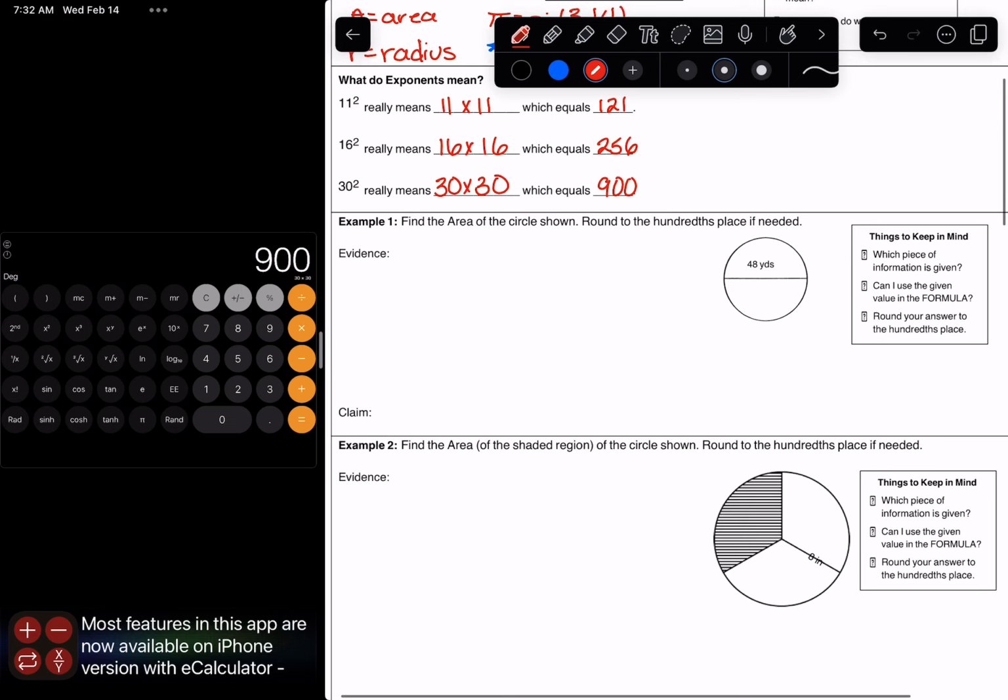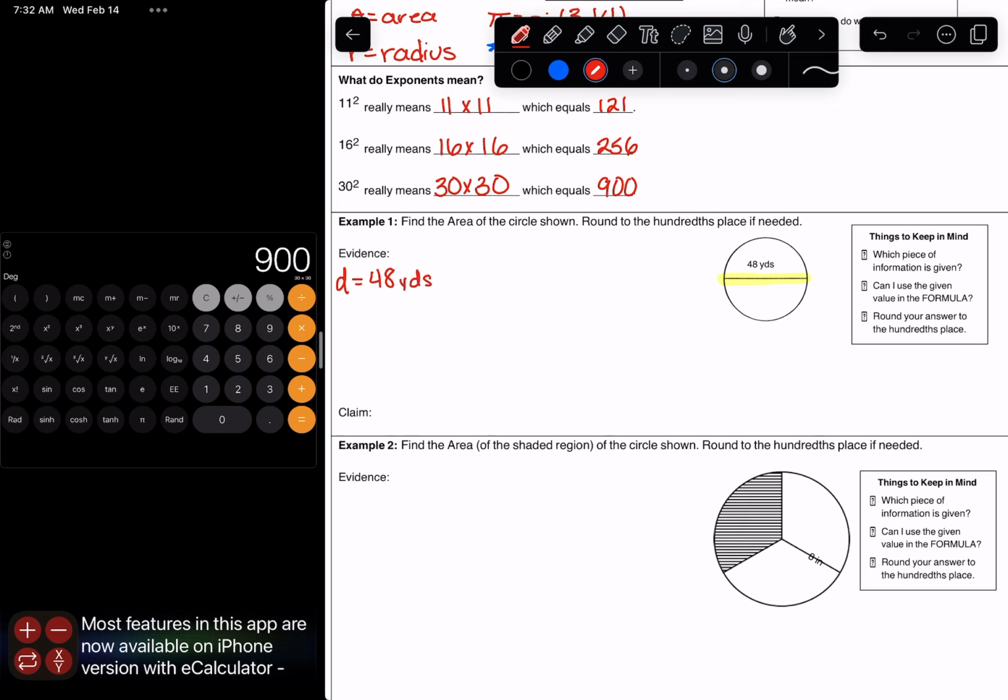Okay, so let's look at example number 1. Find the area of the circle shown. Round to the hundredths place if needed. So we're going to look at what we're given. I have a line that goes straight through the circle. That is my diameter, and it's 48 yards.